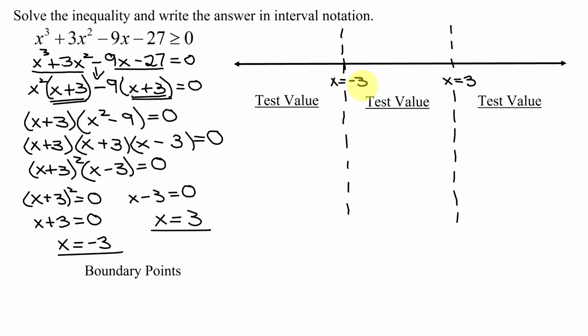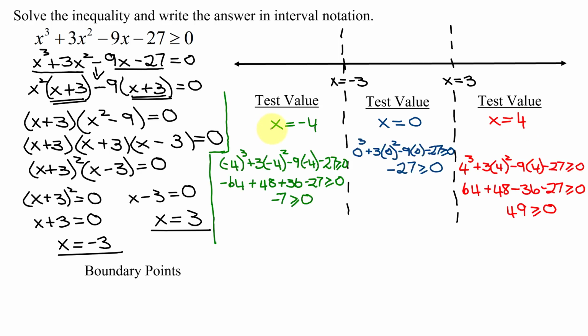In the region to the left of -3, I'm going to pick x equals -4. In the region between -3 and 3, I'm going to pick my lazy arithmetic point, x equals 0. And to the right of 3, I'm going to pick x equals +4. To save time, I'm going to put the video on pause for a second.